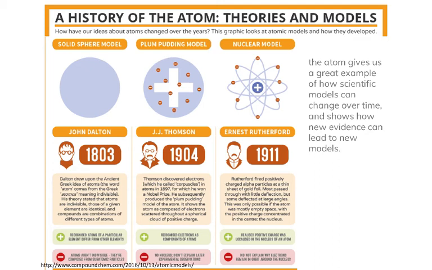We don't know how. That lasted for quite a long time until the discovery of electrons in the late 1800s, and the J.J. Thomson model was called the plum pudding model, where it was assumed there was a mass of positive charge throughout the atom, and electrons were scattered throughout the spherical cloud of positive charge, like plums in a pudding, right?